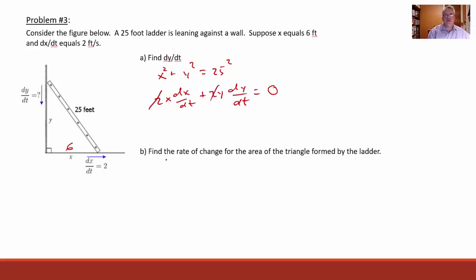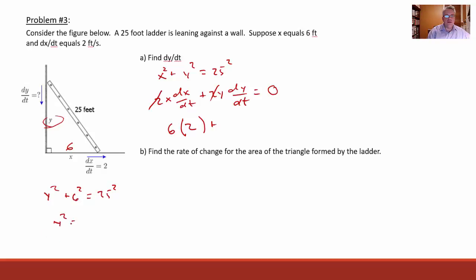All right, now let's start plugging in things we know. We know x is 6. The dx/dt is 2. x is increasing. Plus y. We don't know y. We can figure that out from the Pythagorean theorem though. y squared plus 6 squared is 25 squared.